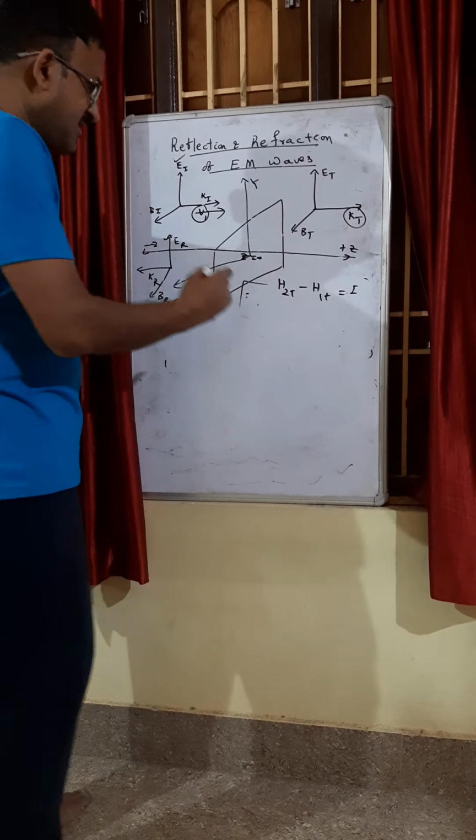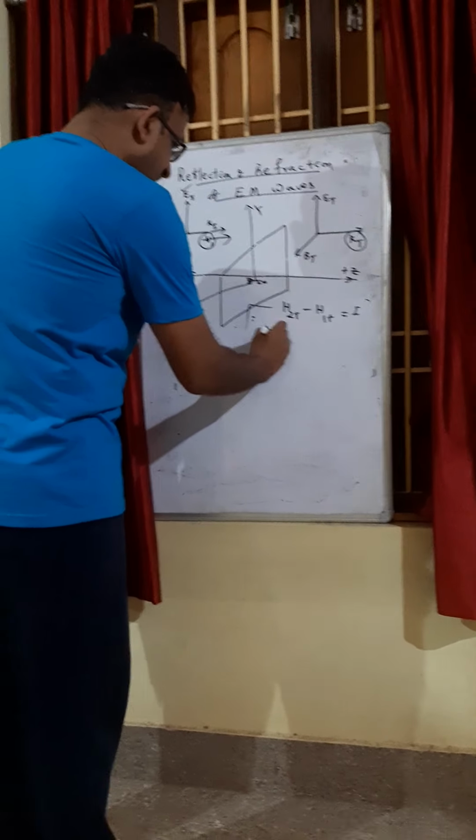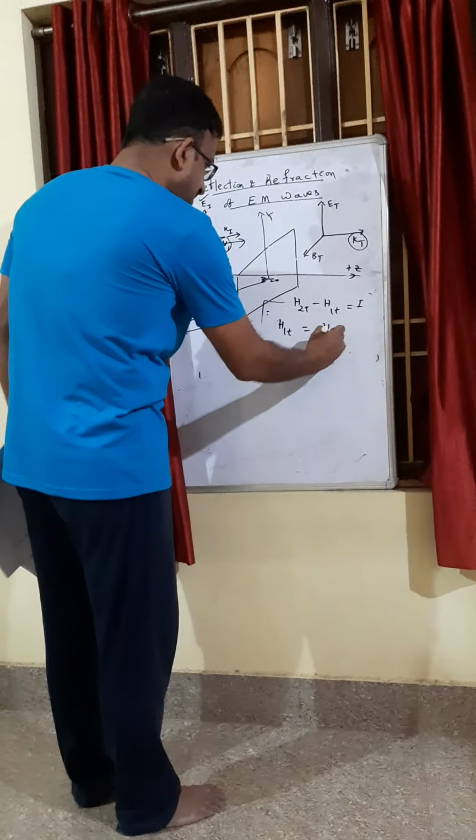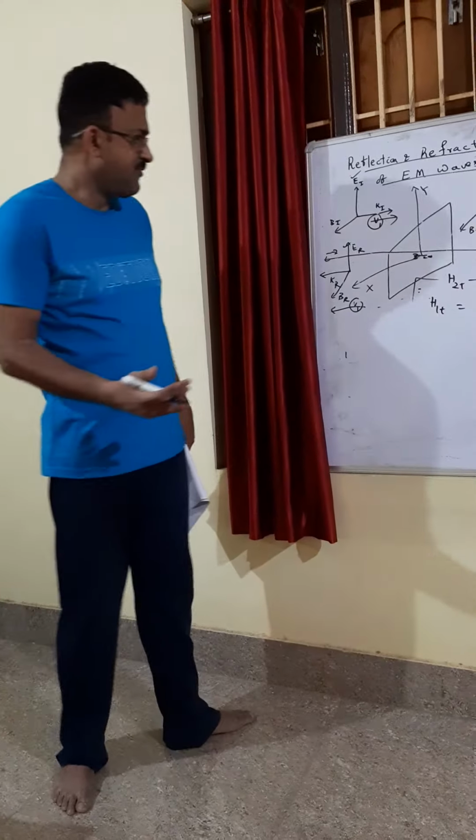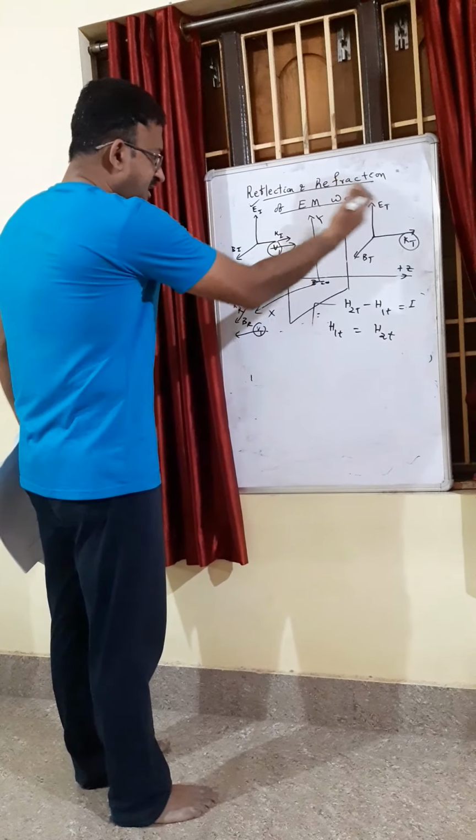So when no current is there, we can say that the tangential component of the magnetic field is also continuous. That means the tangential component of the magnetic field on this side and this side will be the same.